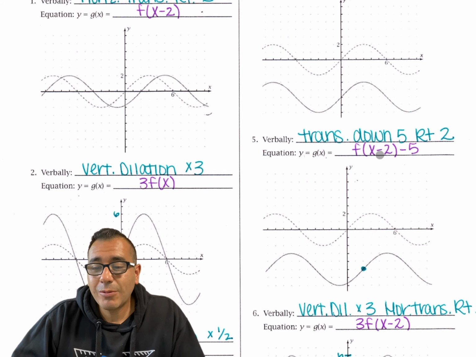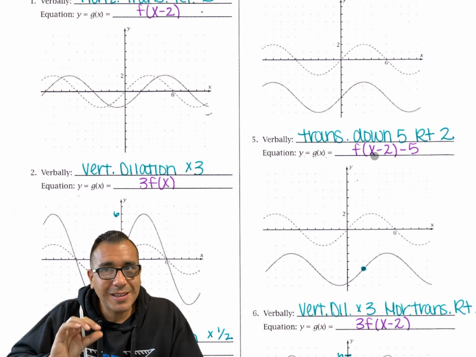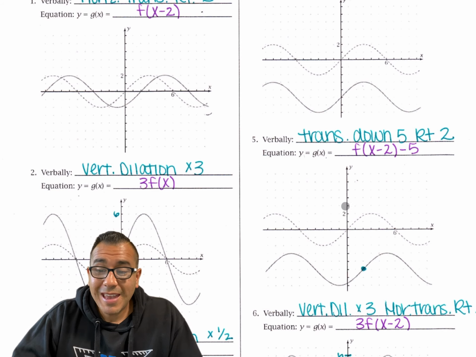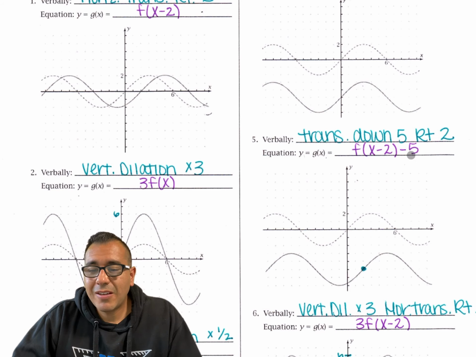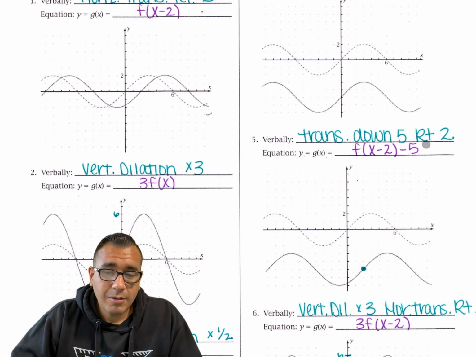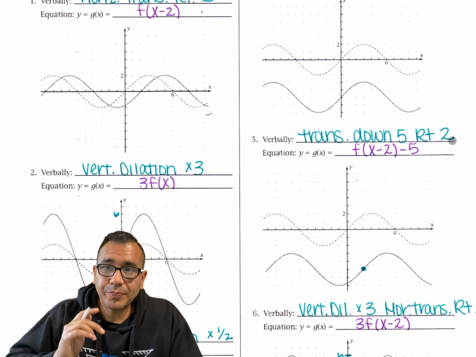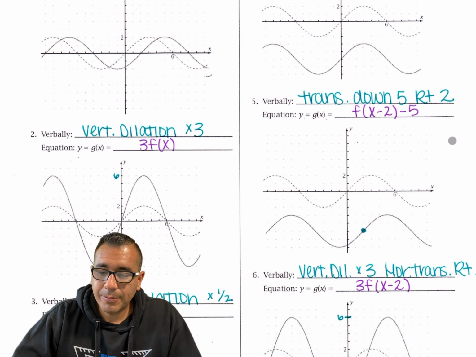So that's why we have x minus 2, because again, it's always counterintuitive. And because I'm moving it down 5 units, that's why I have the minus 5. So it got shifted down 5 units, or transformed, whatever word you want to use, and moved right 2 units. All right, so there's that one for you.